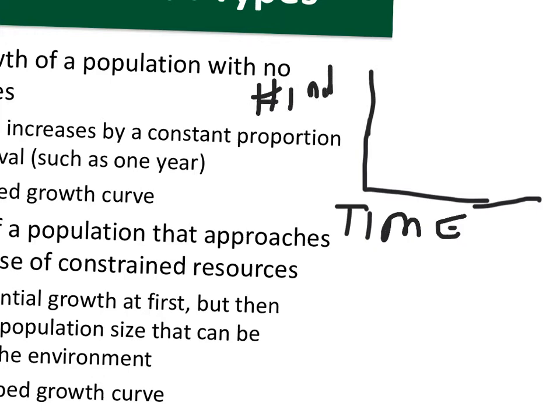Okay, so if, let's say, you have a very small population and it grows like that, that is called exponential growth.